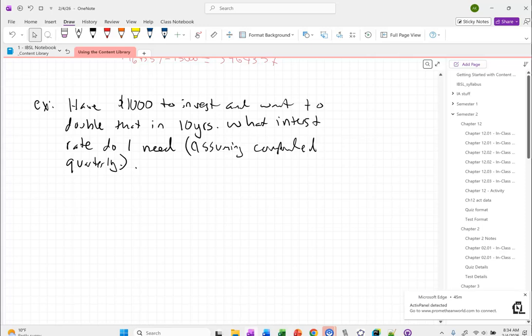I have $1,000 to invest and want that to double in 10 years. What interest rate do we need, assuming we're compounding quarterly? That's my P. So I want it to double. It tells me my future value needs to be 2,000.